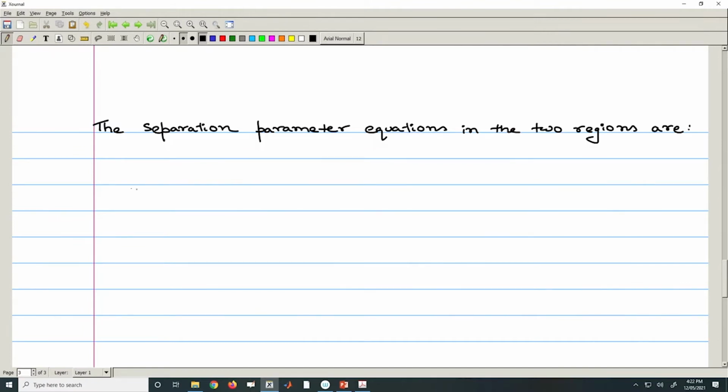We know kx square plus ky square plus kz square equals k square. Hence we can write kx1 square plus, in place of ky, n pi by b square plus kz square equals k1 square, and k1 square is omega square epsilon 1 mu 1.